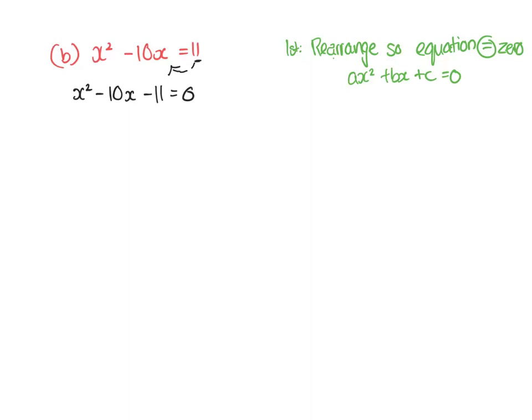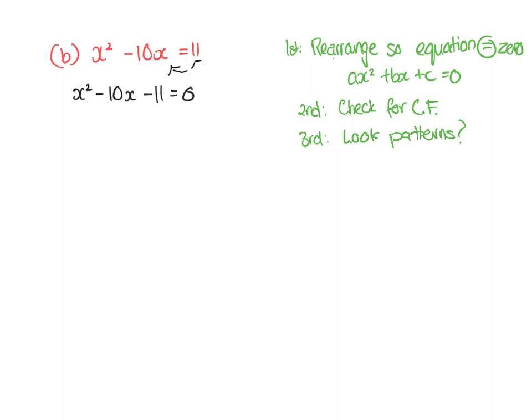Then we go on to our next step, which was to check for common factors, and there's no common factors in this one. Then third, we look for patterns, and there's no patterns in this one, so therefore we might try the cross method to factorize.